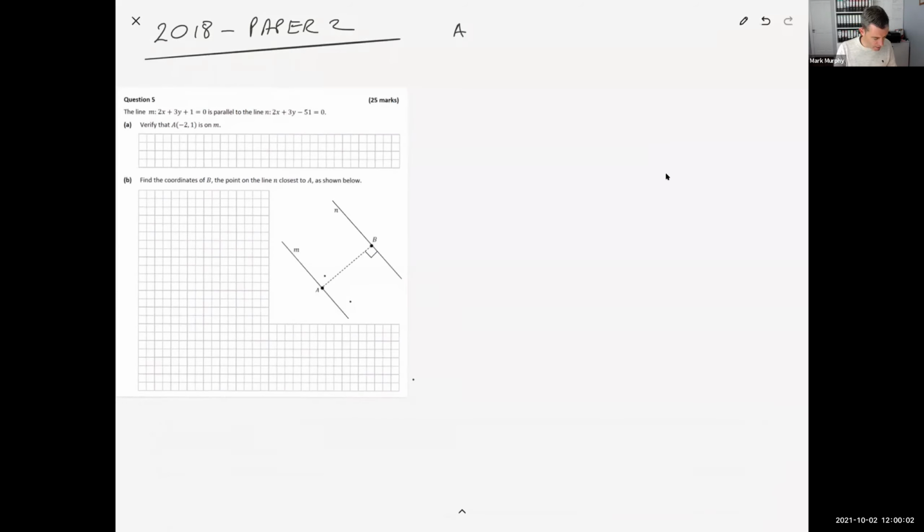So A is minus 2, 1. You fill in for x, so it's 2 multiplied by minus 2 plus 3 times 1 plus 1. That equals minus 4 plus 3 plus 1 equals 0. Therefore, true. So we verify that. That's part A.